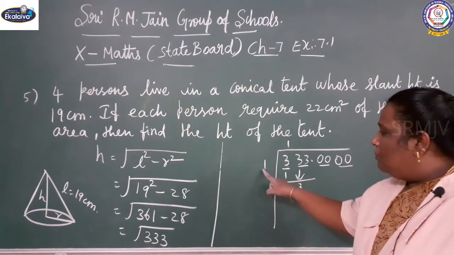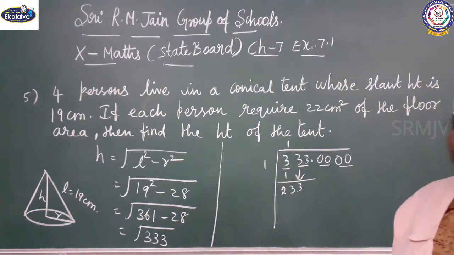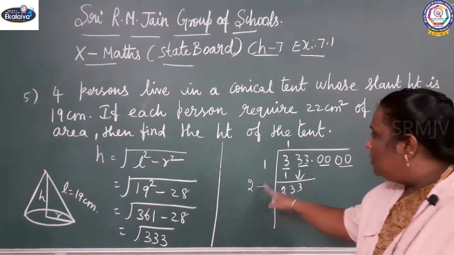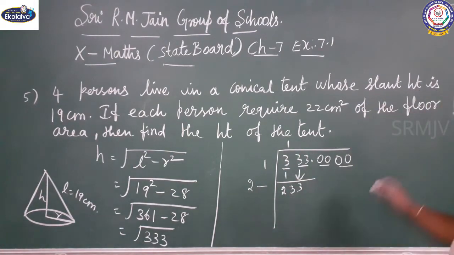Multiply 1 by 2, so 2, put a dash here. The same number you multiply here also. Likewise 22 into 2, 23 into 3, 24 into 4, 25 into 5, so 28 into 8 is 224.